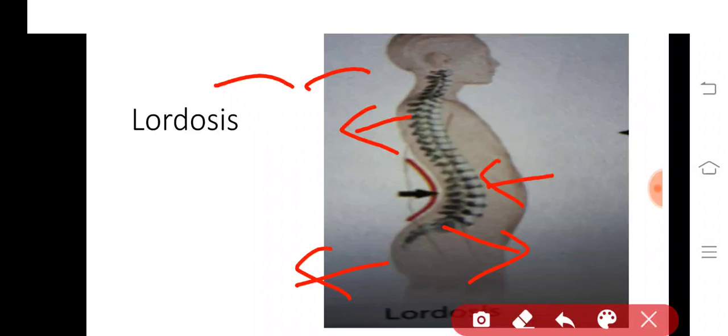Bone weakening diseases like osteoporosis are also one of the major causes of lordosis. If the abdominal muscles are very weak, the person may also be affected with this spinal curvature. Obesity and lack of muscle tone also bring the victim to this kind of problem.